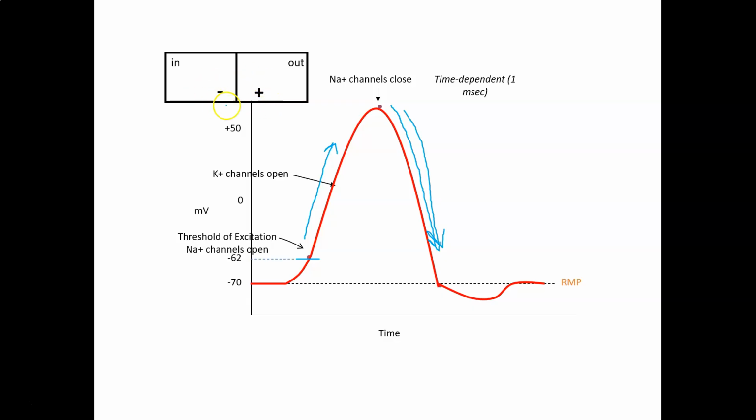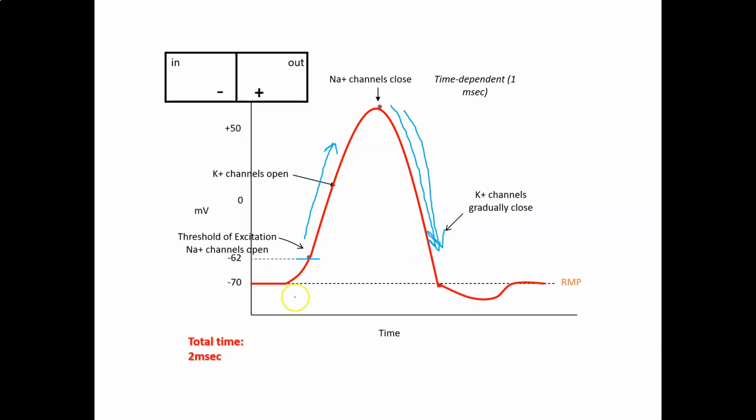And so now as potassium leaves, the inside of the axon becomes more negative relative to the outside, and it actually gets even more negative relative to the resting membrane potential and eventually returns to rest. Okay, gradually these voltage-gated channels close, so they show a time-dependent closing, but it's not as sudden as the voltage-gated sodium channels. So as potassium continues to leave the cell, the membrane becomes more negative than at rest.